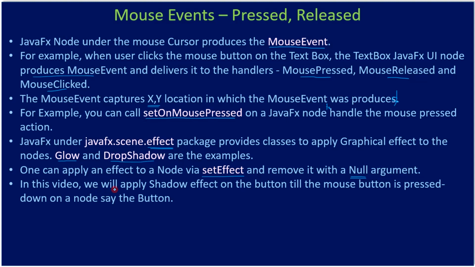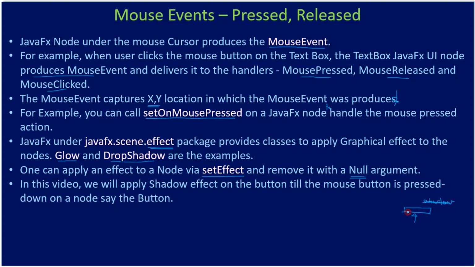So in this video we will apply the shadow effect on the button. We will have a button and we will track the mouse event. When the mouse button is in a pressed state, we will apply the shadow effect. And when the mouse button is released, we will remove the shadow effect.